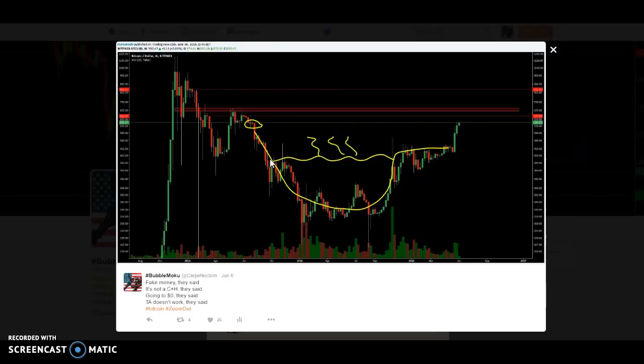The great Bitcoin cup and handle played out. This is from the other day, June 6th. We were talking about this for months when this ascending triangle was playing out. It's a pattern I haven't talked about, but I may discuss that in a different video.